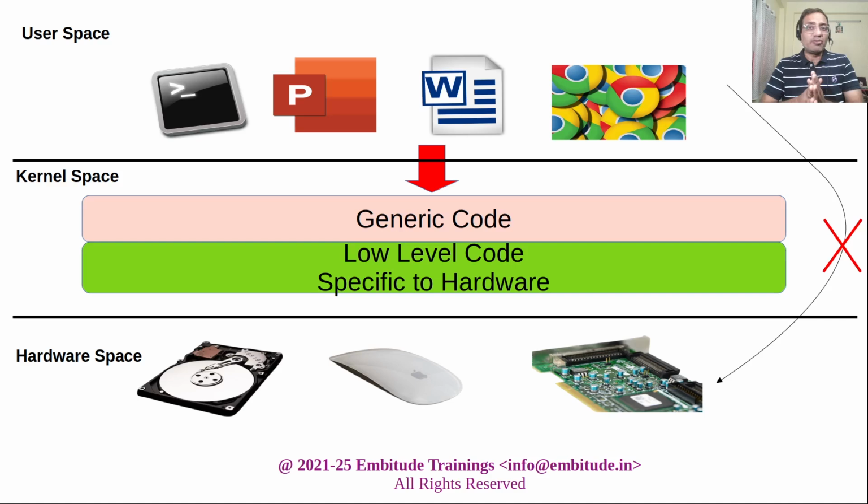Now, let's say you want to write the file to the disk, you will place the request to the kernel space, and this kernel space is going to perform the action on your behalf. So that's how the overall system looks like.